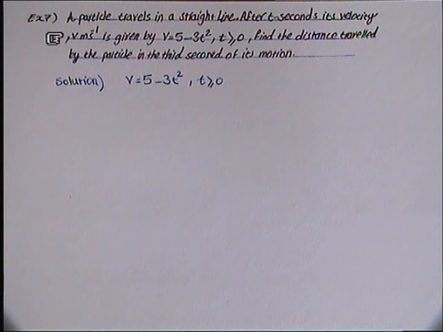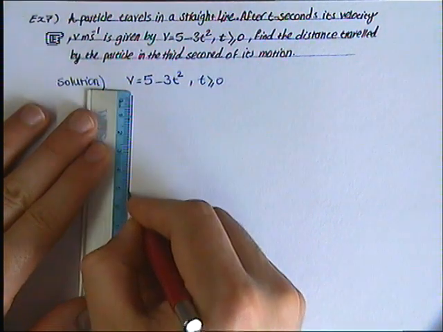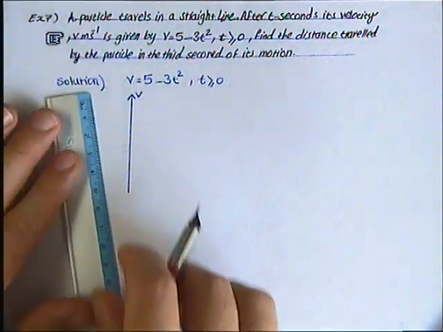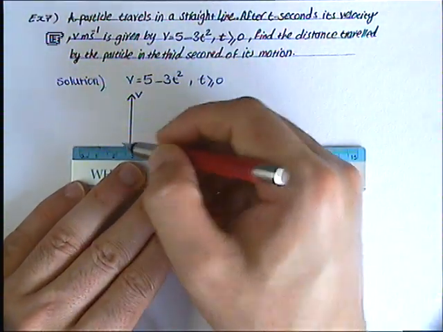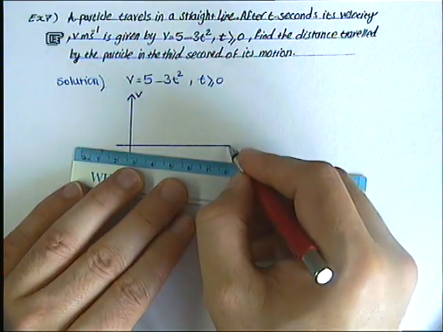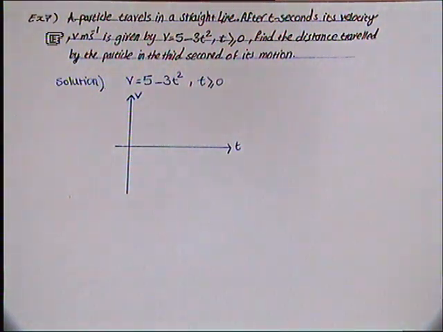What we need to do here is, it is always easy and convenient to sketch a diagram. Let's say here is the v-axis and here is the t-axis. Whenever you need to integrate, it's easy to sketch the diagram, but when you need to differentiate, you don't really have to.